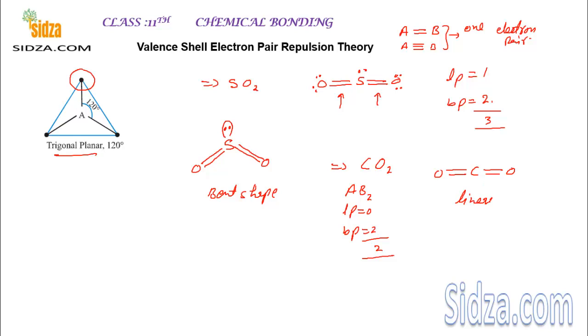But sulfur dioxide resembles an AB2 type molecule with lone pairs 1, bond pairs 2, total 3 here. So its parent molecule is an AB3 type molecule with lone pairs 0, bond pairs 3. That's why carbon dioxide is linear and sulfur dioxide is bent.